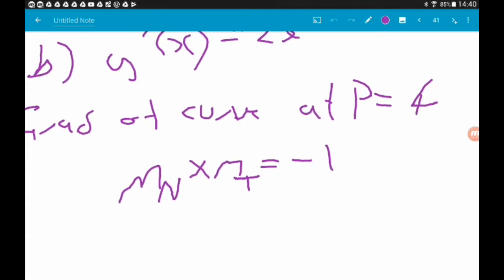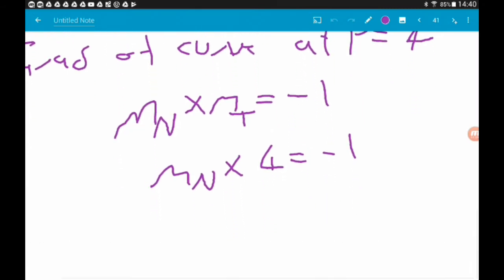So we know the gradient of the normal times 4 is equal to minus 1. If we divide by 4, we get the gradient of the normal is minus 1/4. So we've got the gradient of our normal now.